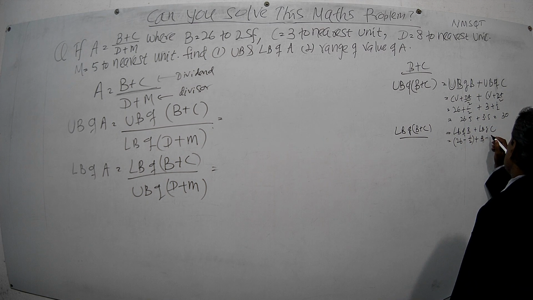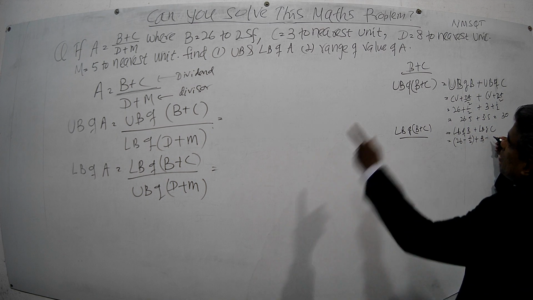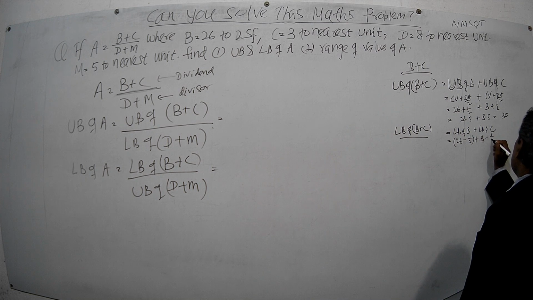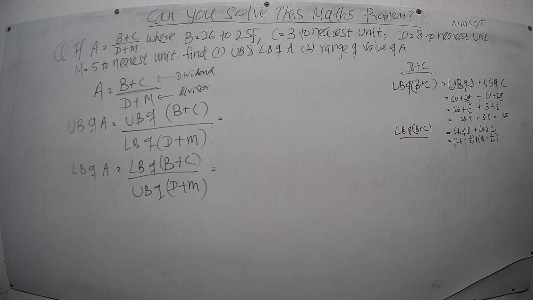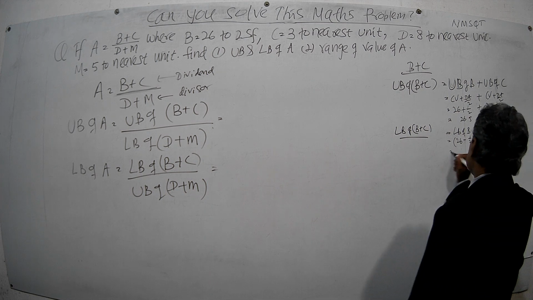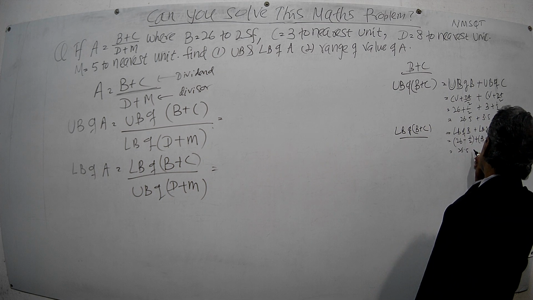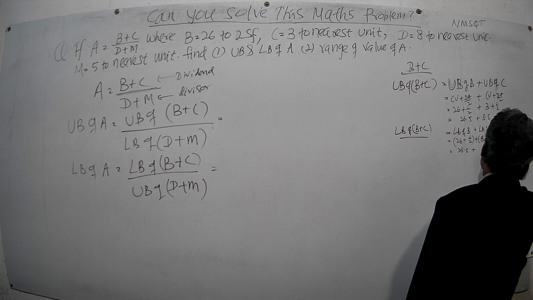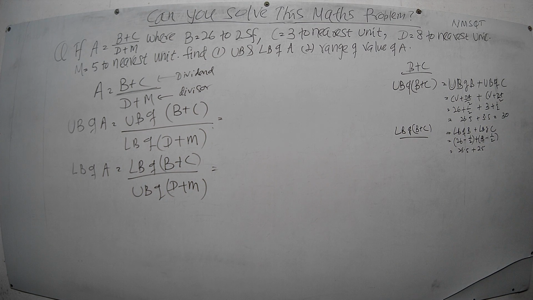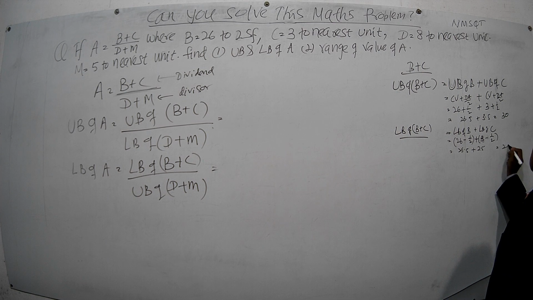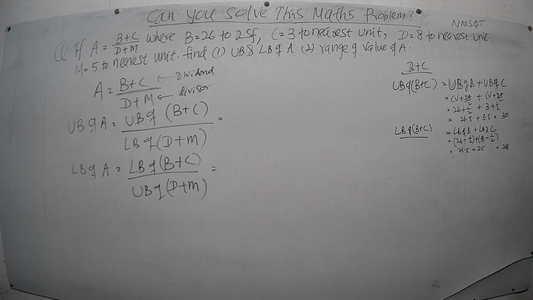The degree of accuracy of 3 is unit, 1 over 2, right. Then 26 minus half means 25.5, plus 2 and a half. 2 and a half and 25.5 means how much? 28. Now the lower bound of B plus C is 28.